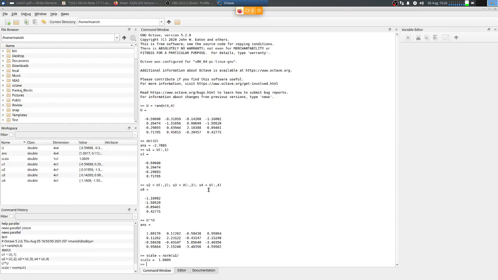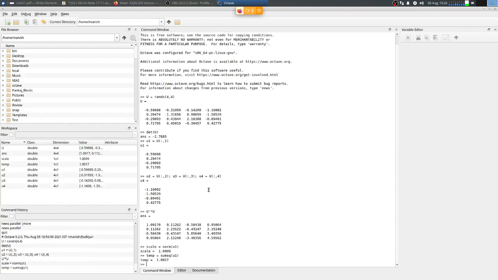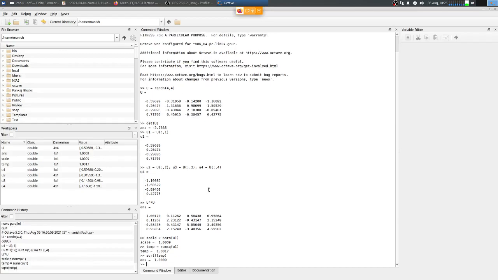If you want to see what I have done, norm u is, let's say temp, the sum of squares of u1, and then I compute the square root of the sum of squares of u1, and that is what you get as the norm of u1. So that is scale.